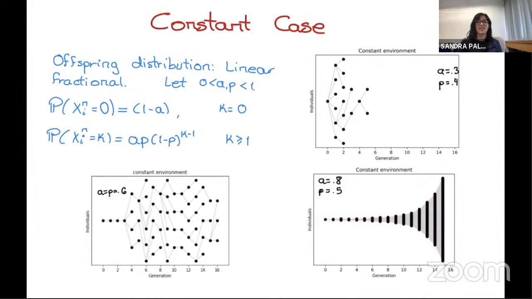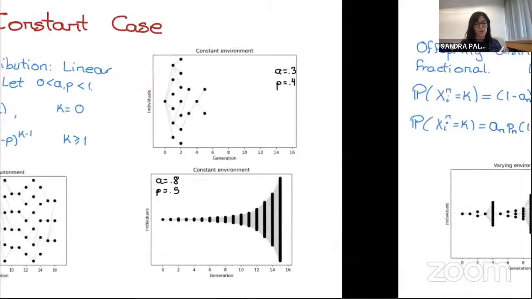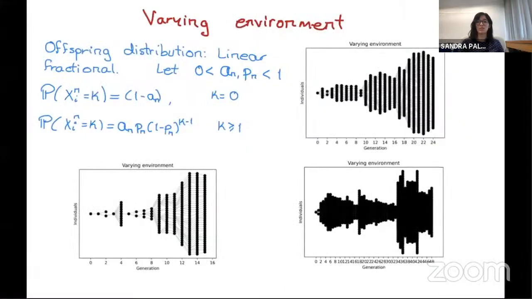And what happens in the varying environment case? Well, in my simulations, we also have a linear fractional distribution, but in this case, at every generation, the A_n and P_n can be different. In some cases, we put A_n bigger or smaller than P_n. In other ones, we put A_n equal to P_n, so we don't know.